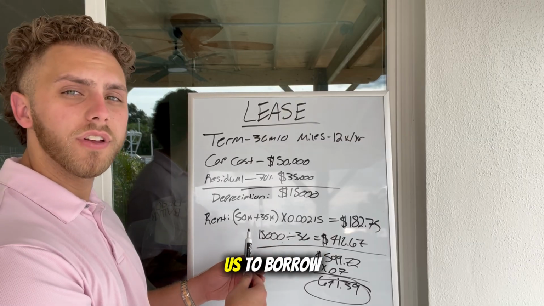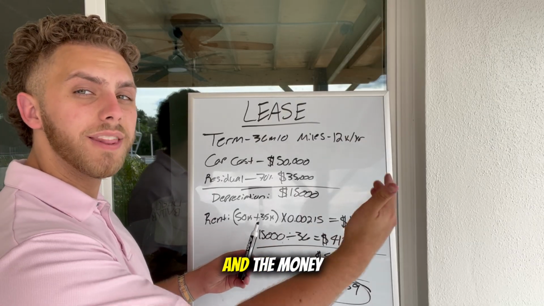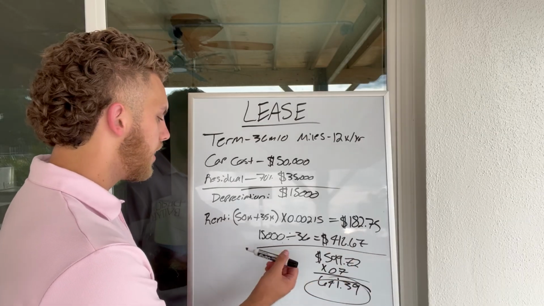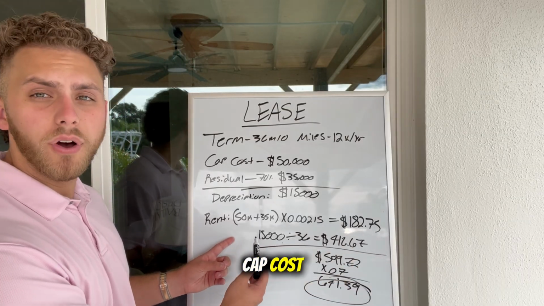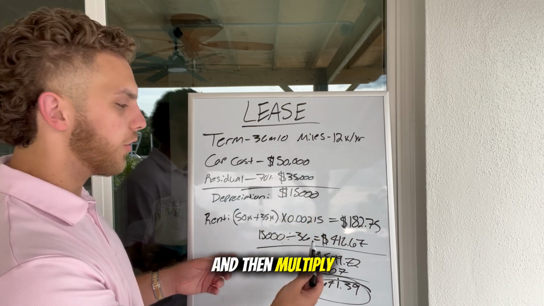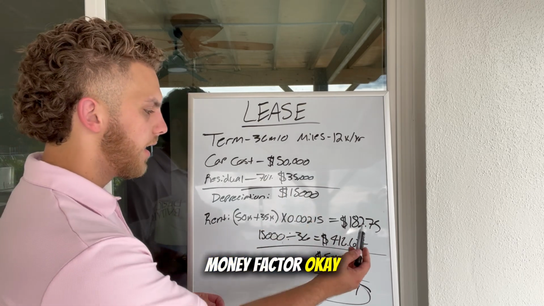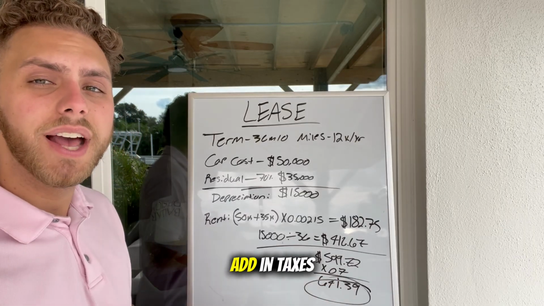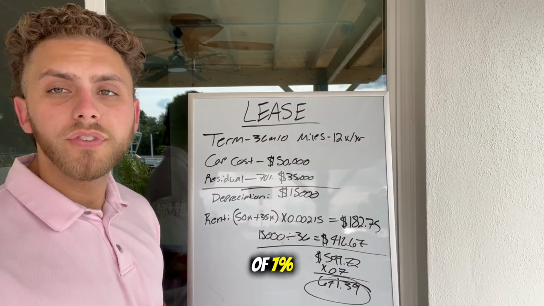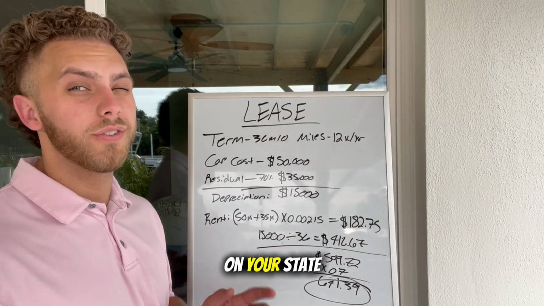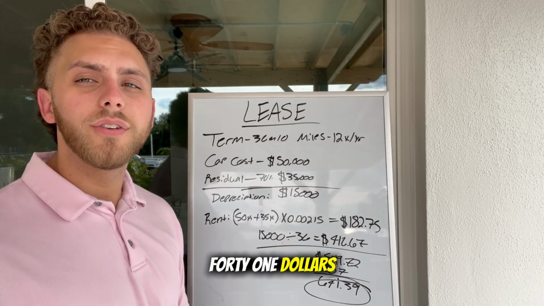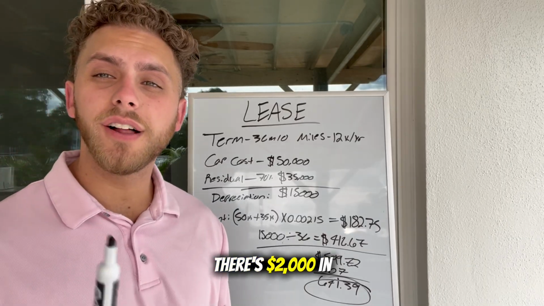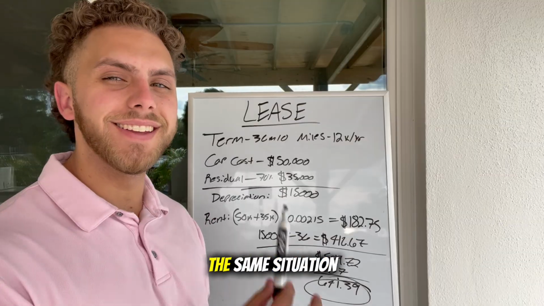How much is it going to cost us to borrow this car and the money? $182.75, because we have to take the cap cost, add the residual, and then multiply it by the money factor, okay? That will give us our $599.72, and then we have to add in taxes of 7% here in Florida. Obviously, it'll vary on your state, but $641.39.